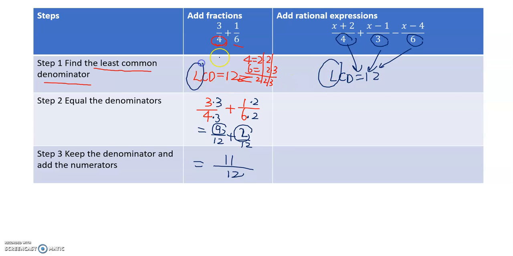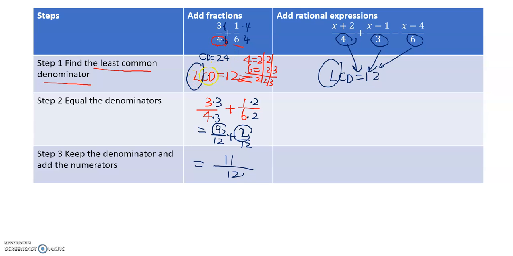I know some students might just multiply the first fraction, top and bottom, by 6, and the second one by 4. If you do that, that is okay. Without finding the least common denominator, 4 times 6 is 24. 24 is actually just called a CD, a common denominator, but not the least.